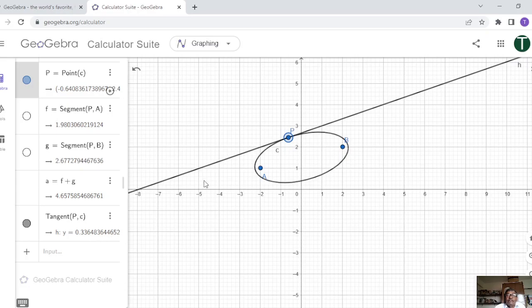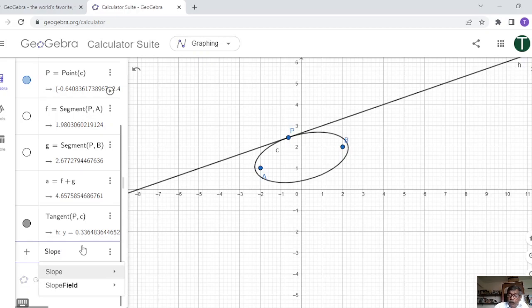And tan theta of this curve will give you the rate of rise of y with respect to x at that point. And for that, because slope commands work with a straight line, the slope command will be the slope of what? Slope of the line tangent PC, which is given the name h.